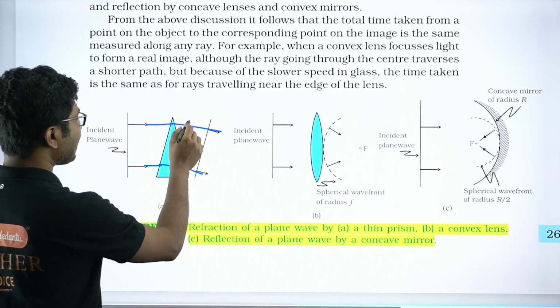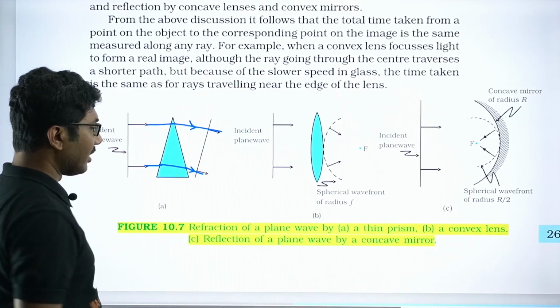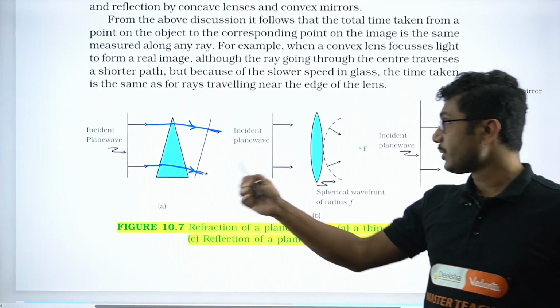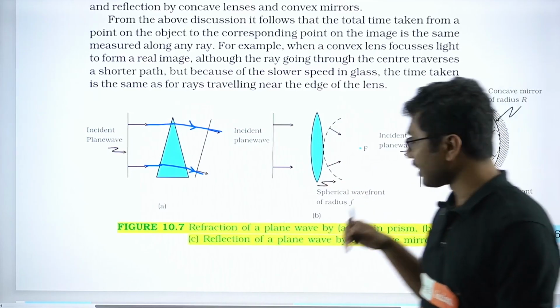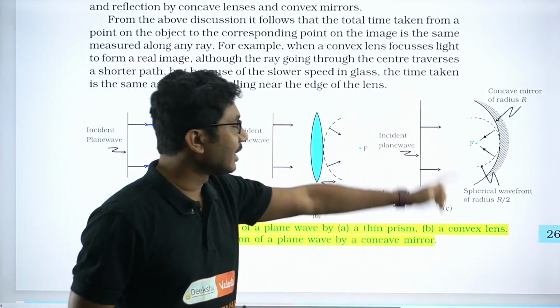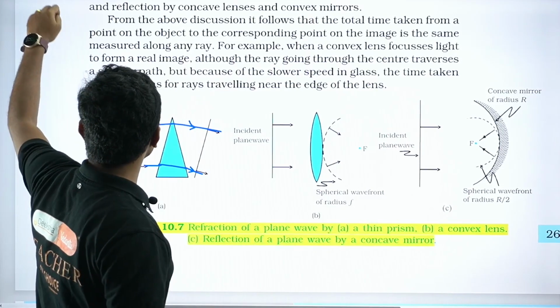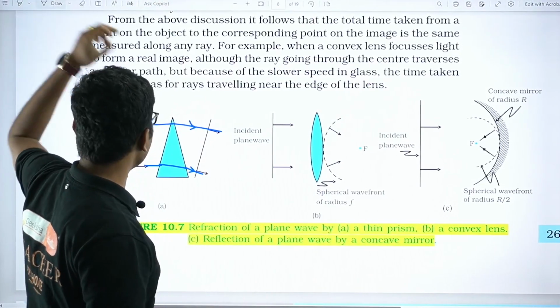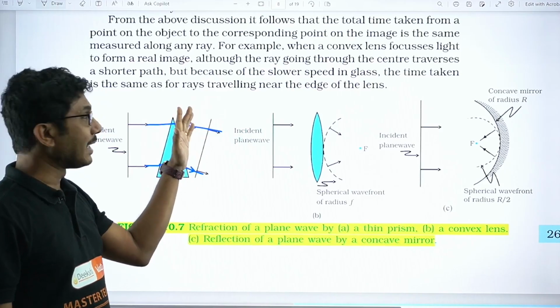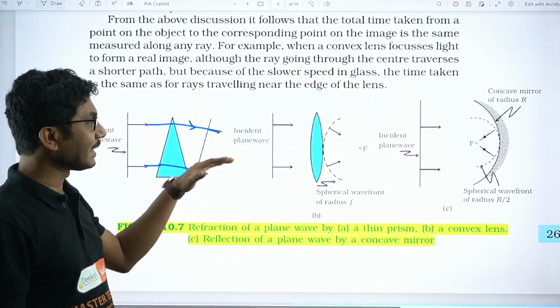So they sometimes ask you to draw the ray diagram or the wavefront when it passes through a prism, a convex lens and a concave mirror. These three are the application or explanation of the wavefront principle. When a plane wavefront passes through a prism, it remains plane, but it becomes tilted at an angle.